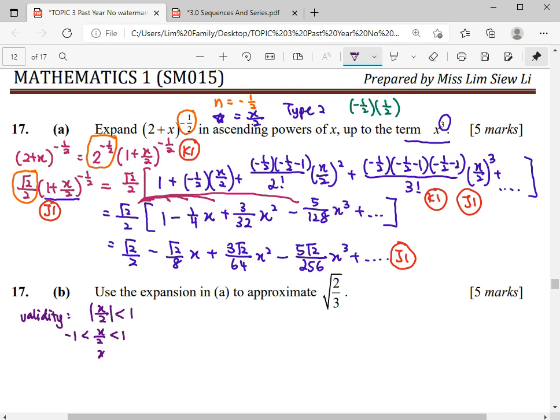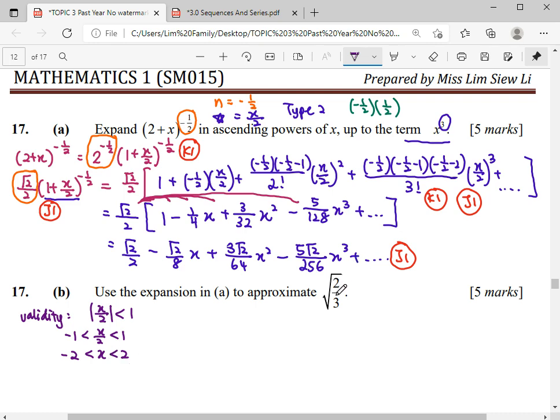Then we times 2, so the x values that make this expansion valid are only those in between negative 2 and 2. If we get an x value outside this range, it cannot be substituted in this expansion. It will become invalid.